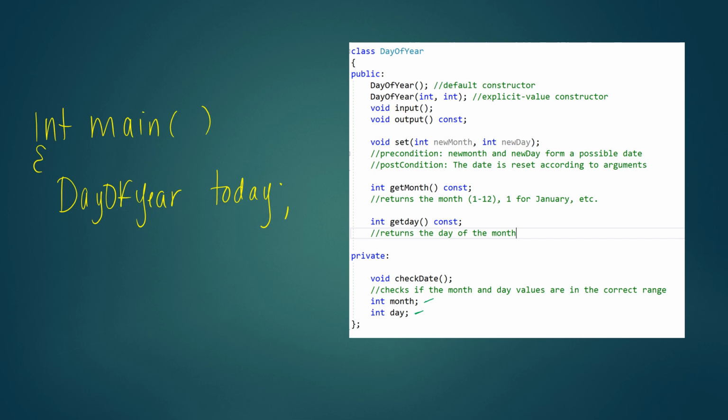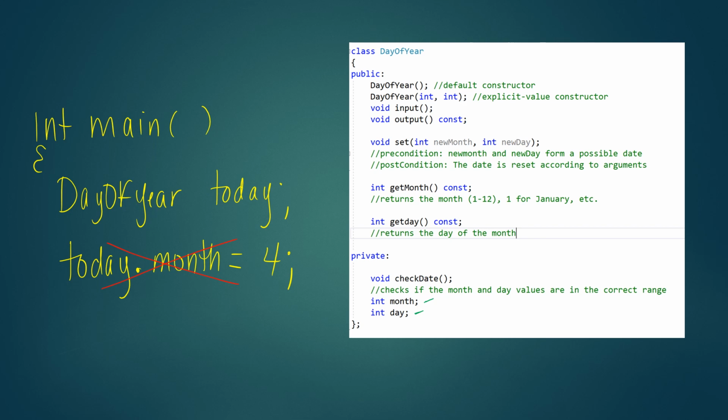I declare DayOfYear today, and then I want to go today.month equals 4. I would not be allowed to do that because I'm in the main function and the month is a private member variable. So there's a couple of things that happened here.